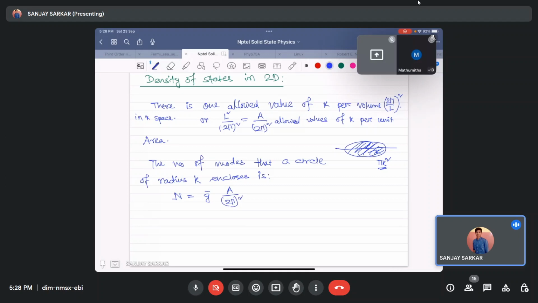This is the allowed value per unit area into the area. The area is pi k square. So it is actually g bar A by 4 pi into k square.